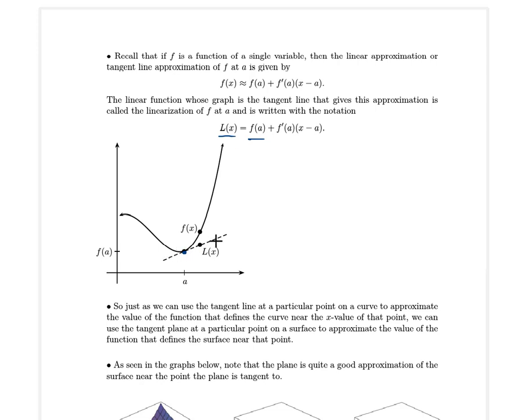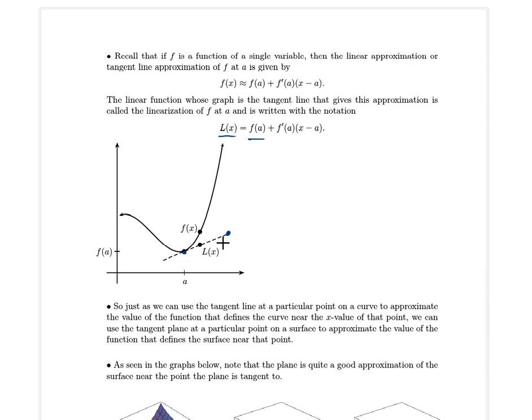That is the equation of this line, okay? And if we did the linear approximation and plugged in an x value that's really close to a, it does a pretty good job of approximating the function. Whereas if I pick something way out here, it might do a pretty poor job of approximating the function, right?